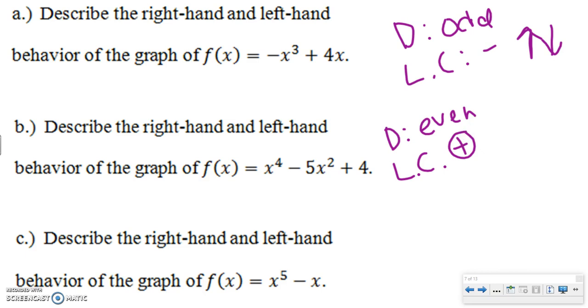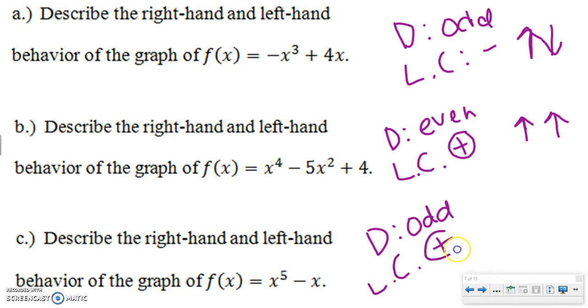So it's actually going to rise to the left and rise to the right. And last one, you have a degree that's odd. You have a leading coefficient that is positive. So therefore, it's going to fall to the left and rise to the right. Pretty basic concept.